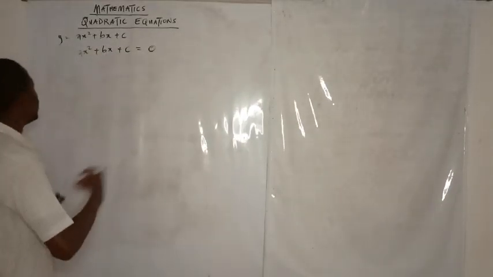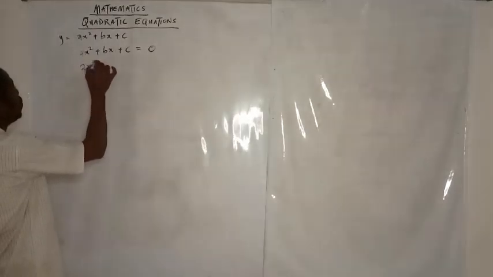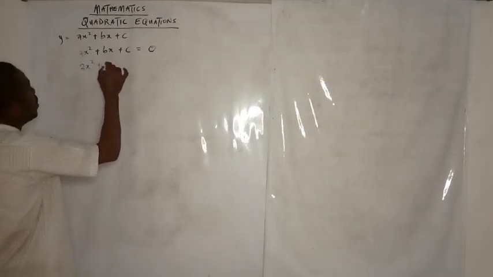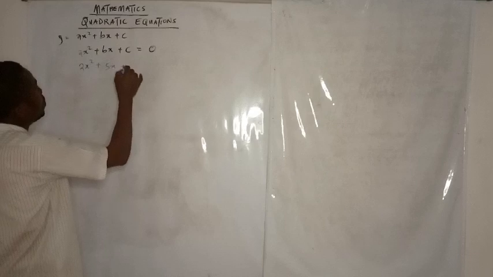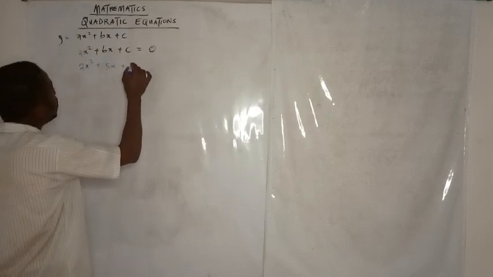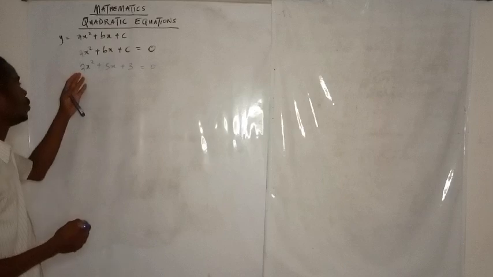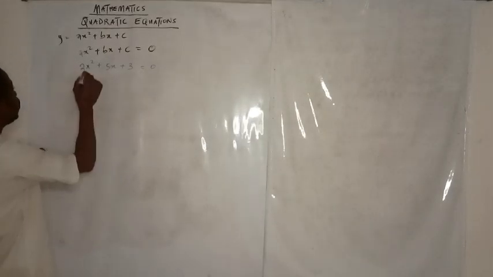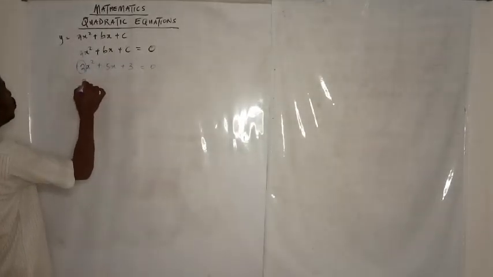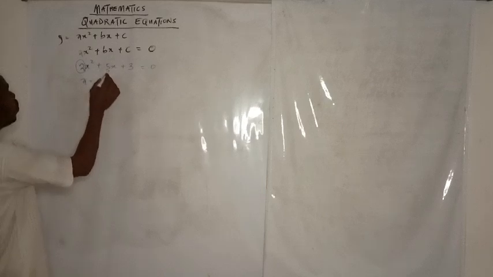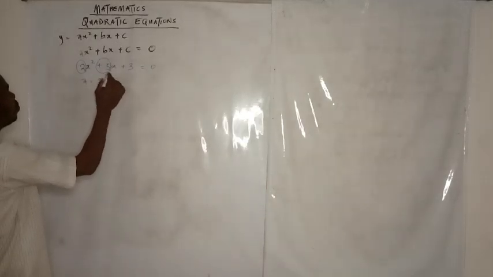What do we mean by that? You may have something like 2x squared plus 5x plus 3 is equal to 0. So this is a quadratic equation. And your a is the coefficient of x squared, so your a is equal to 2. Your b is equal to 5.